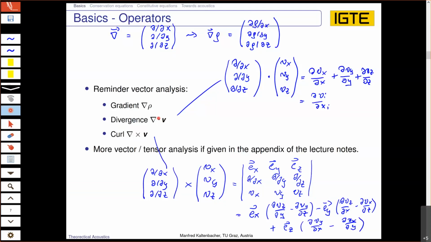We will have this very nicely in our equations, and we'll also discuss a general decomposition of vector fields, which is very important in our case, because the classical flow has vortical structures described by the curl of the velocity, which is the vorticity, and compressible parts described by the divergence of the velocity.